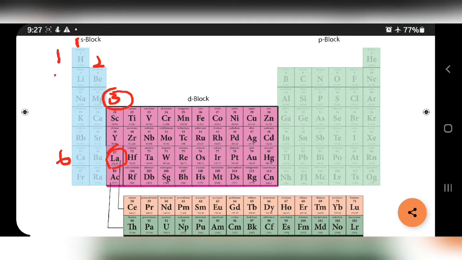This is the first period, second period, third period, fourth period, fifth period, and this is the sixth period. So, the actual position of lanthanoids is group number 3 and period number 6.